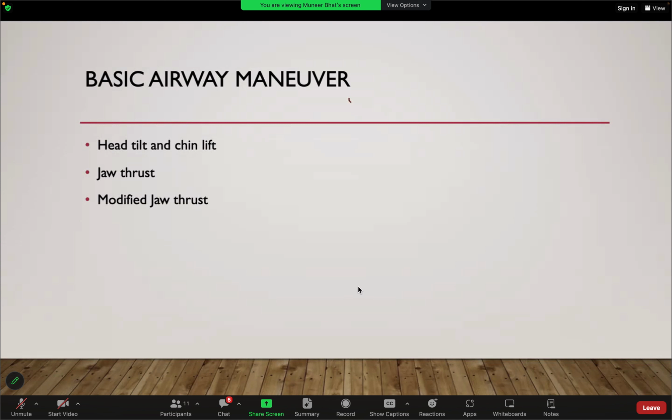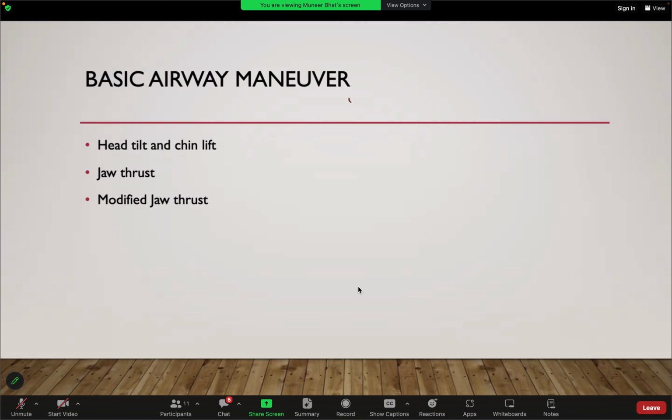So we will be focusing on the airway obstruction in case where there is decreased level of consciousness, or it could be any reason, and mainly because of tongue is falling to the posterior pharyngeal wall, how we can tackle that situation. Now, the first, as I said, it is head tilt and chin lift.